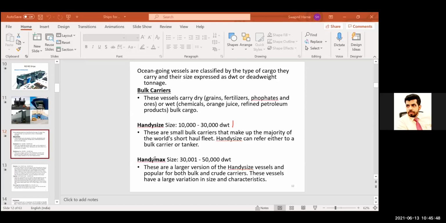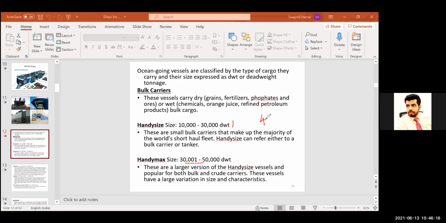Next comes handymax. Okay, handymax, from 30,001 up to 50,000 deadweight, are called handymax vessels. Okay, these handymax vessels are typically fitted with 4 cranes in general.